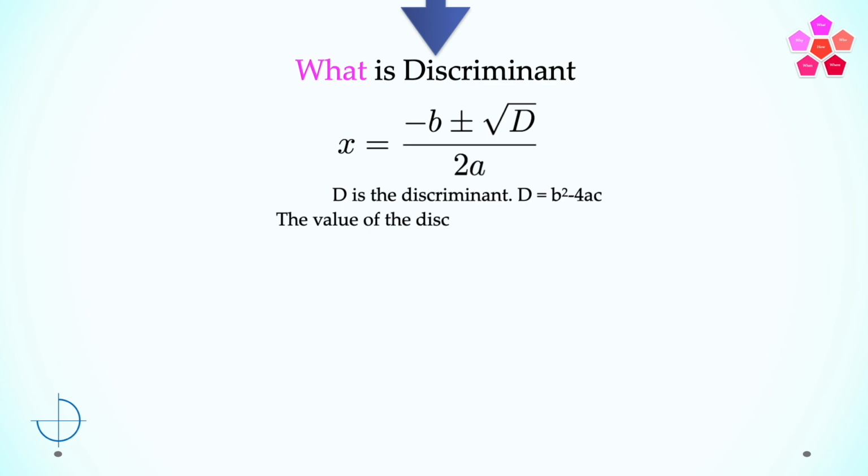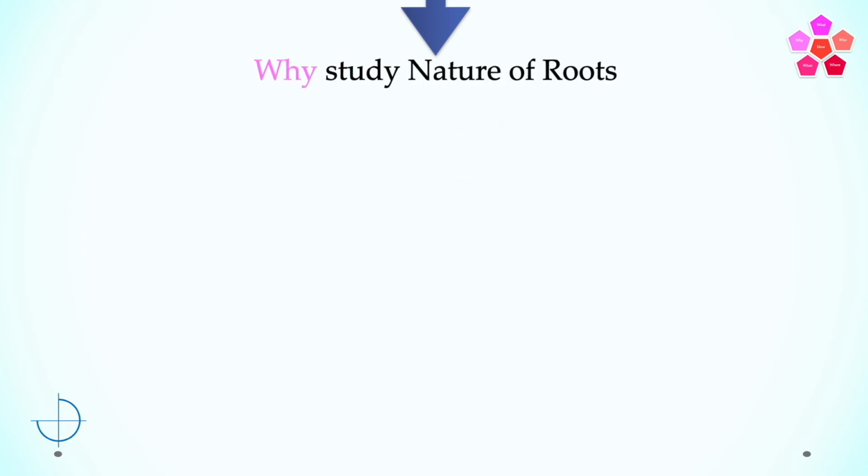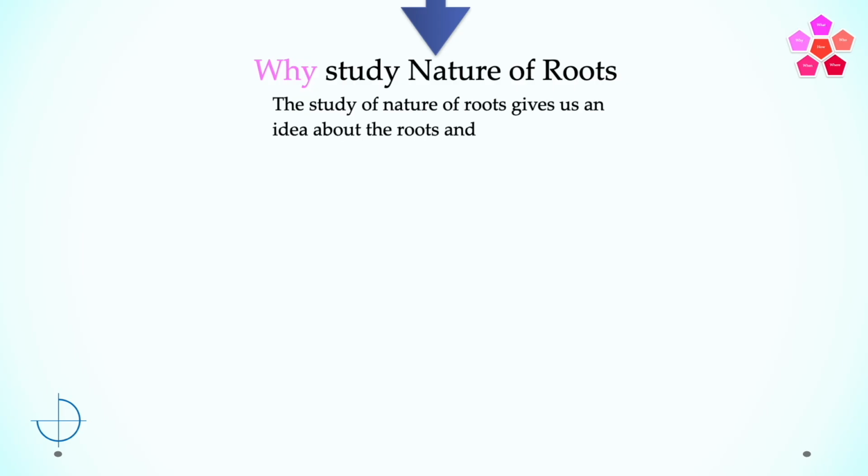The value of the discriminant can give us an idea about the nature of the roots. But why study the nature of the roots? The study of the nature of the roots gives us an idea about the roots and solution of the quadratic equation.